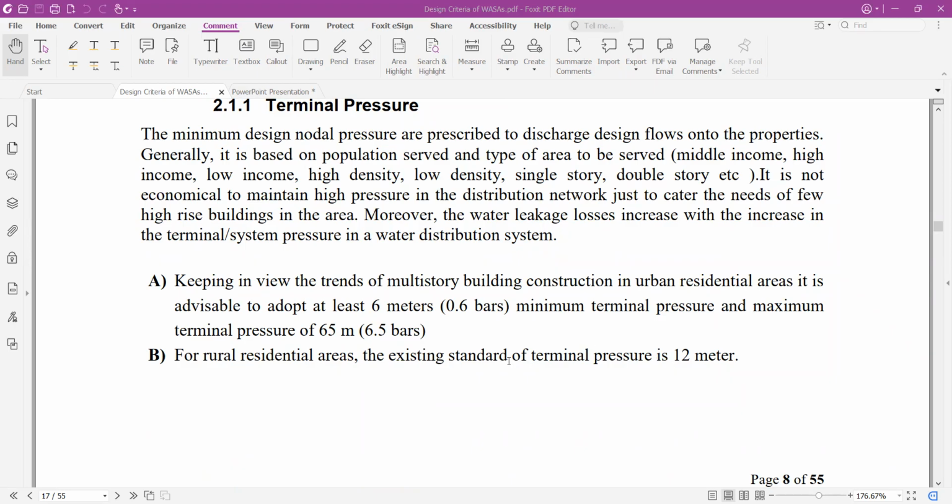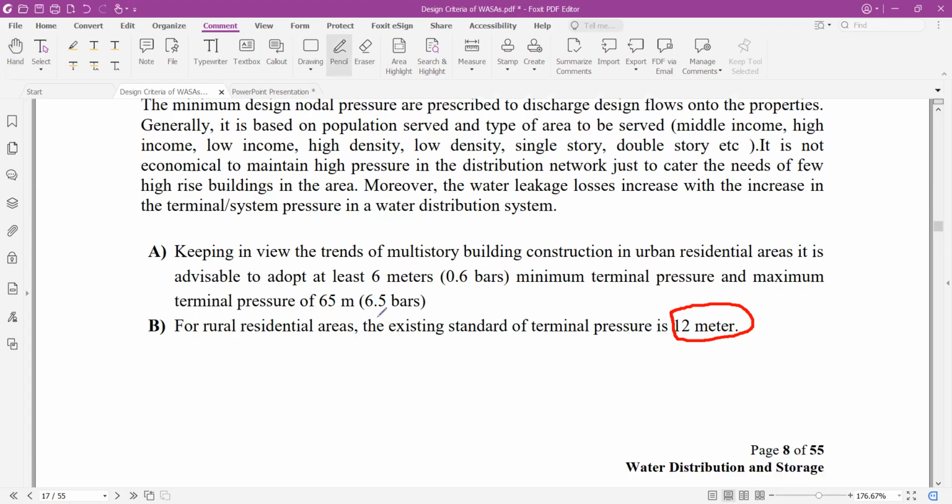It doesn't talk about the maximum or minimum, so it's not clear whether it is the minimum value or the maximum value. Okay, so for the urban areas, 6 meters should be provided as a minimum, and 65 meters as the maximum value.